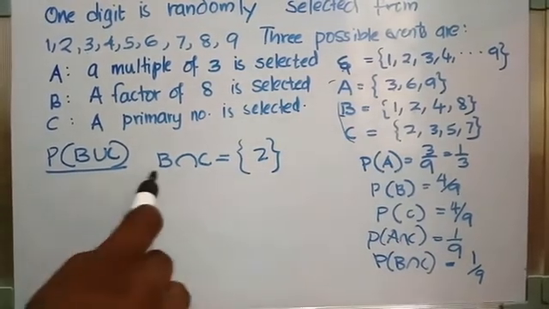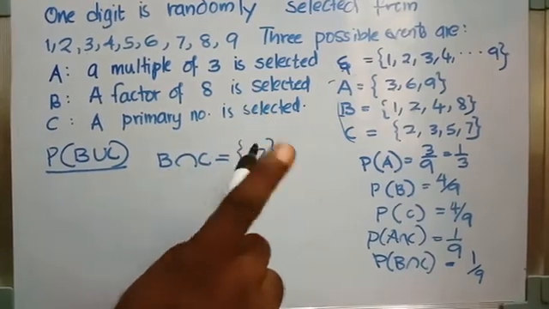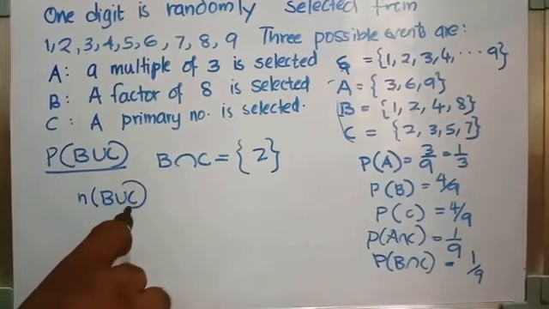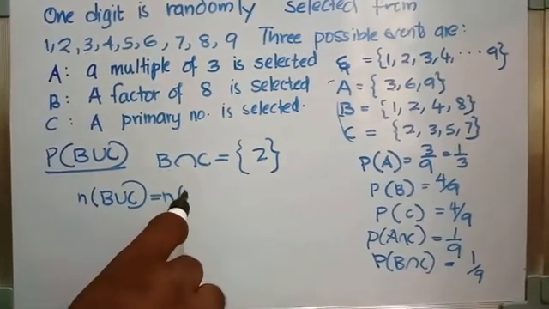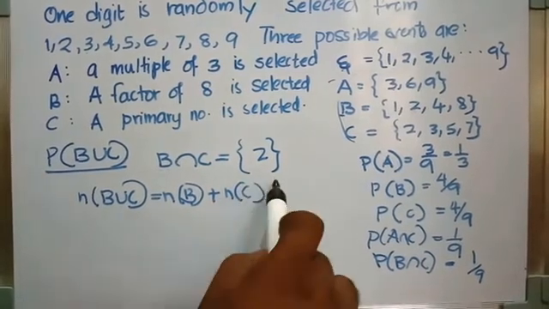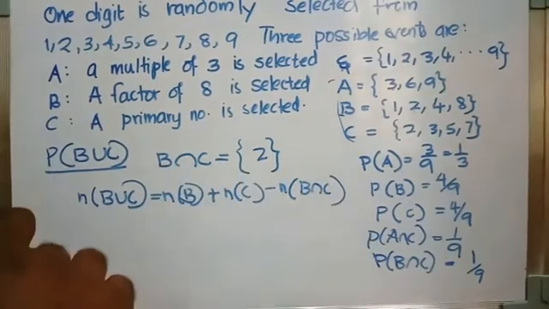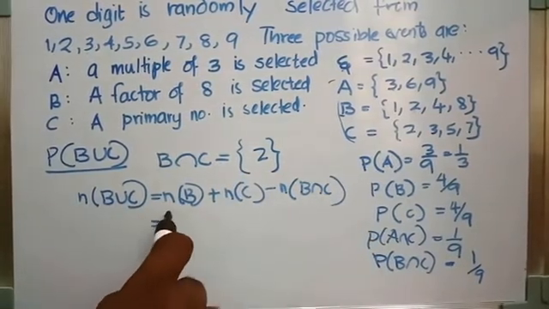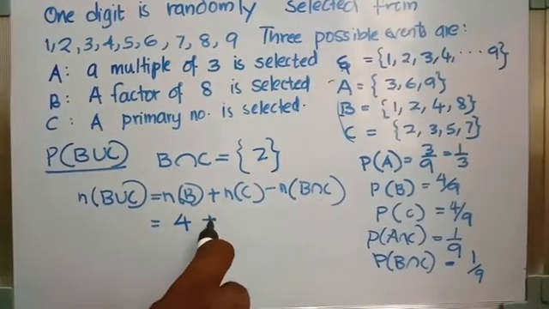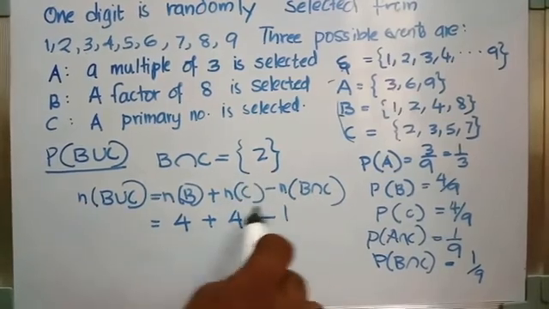As B intersection C is set 2, the number of B intersection C is 1. So the number of B union C is equal to number of B plus number of C minus number of B intersection C. B has 4 elements plus C has 4 elements minus B intersection C has 1 element.